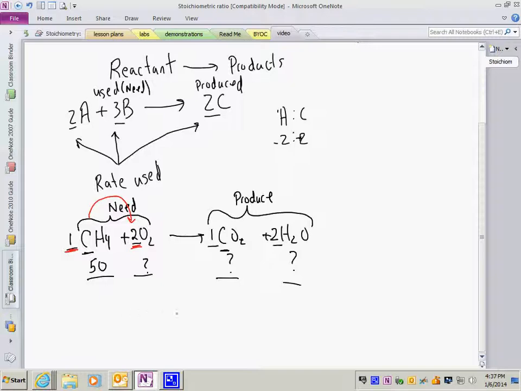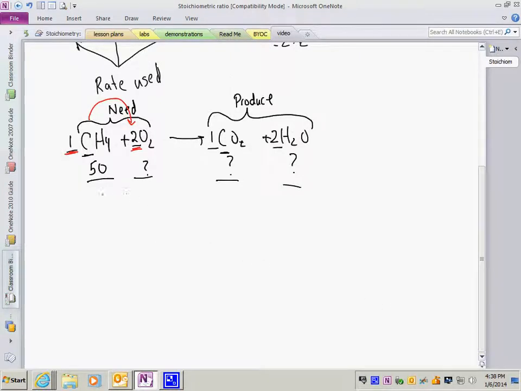The math is going to be fairly easy at this point, but keep in mind stoichiometry gets more difficult. As I show my math, I'm going to build what's called an ICE table. I stands for initial amounts, and we build this table because things get more complicated. It's nice to have a place to put your information and keep everything straight.